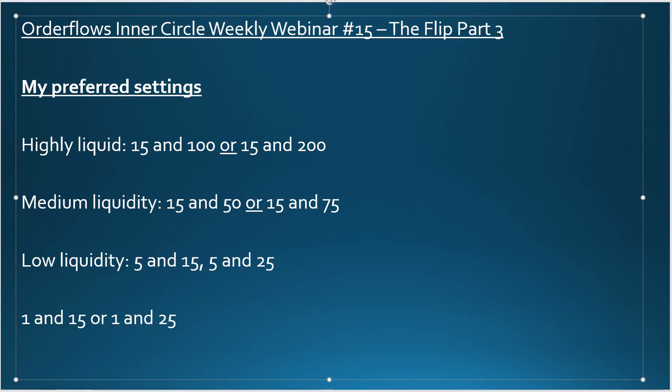If you're going to start experimenting with different settings in the markets that you follow, start at 5 and 25. If it's low liquidity, maybe you can go a little shorter. If it's medium liquidity, you can go a little higher on the back end, on the delta numbers. And if it's extremely liquid, you go a bit higher, 200.